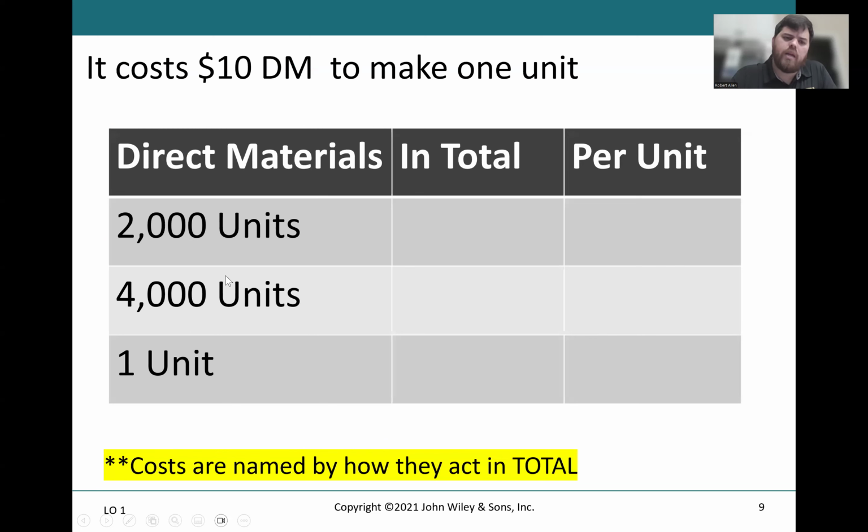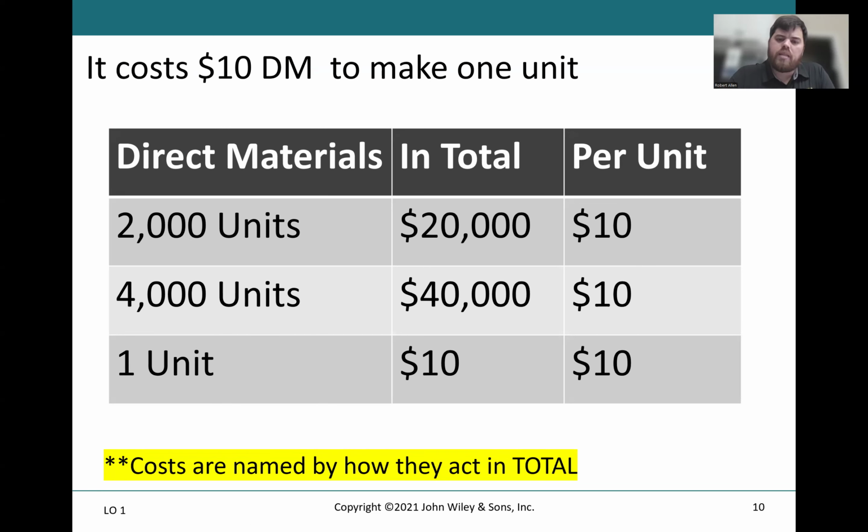Next, we're going to look here and we see an example similar to the one we worked earlier, and we can see how this one works out. So if it costs us $10 in direct materials to make 1 unit, then it will cost us $20,000 to make 2,000 units, $40,000 to make 4,000 units, or $10 to make just 1.